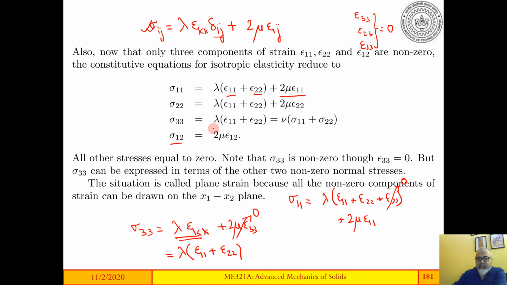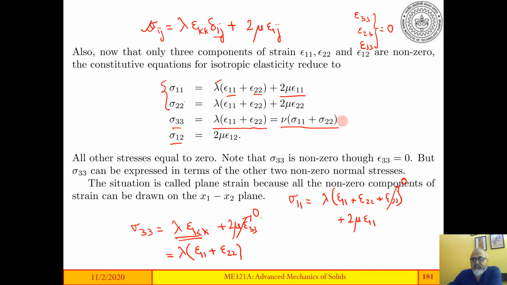You can either leave it as epsilon 11 plus epsilon 22, or you can use these two equations to solve for epsilon 11 and epsilon 22 in terms of sigma 11 and sigma 22, then convert lambda and mu to terms of E and nu, and you will find that sigma 33 comes out to be nu times sigma 11 plus sigma 22. So both of these are equivalent relations, one in terms of strain, one in terms of stress.